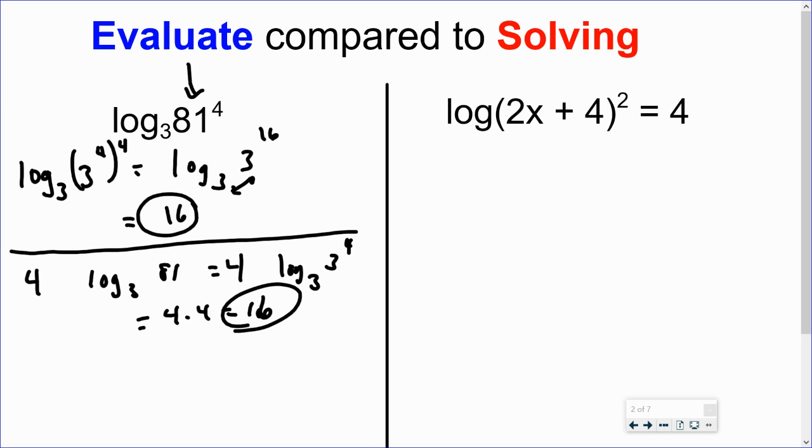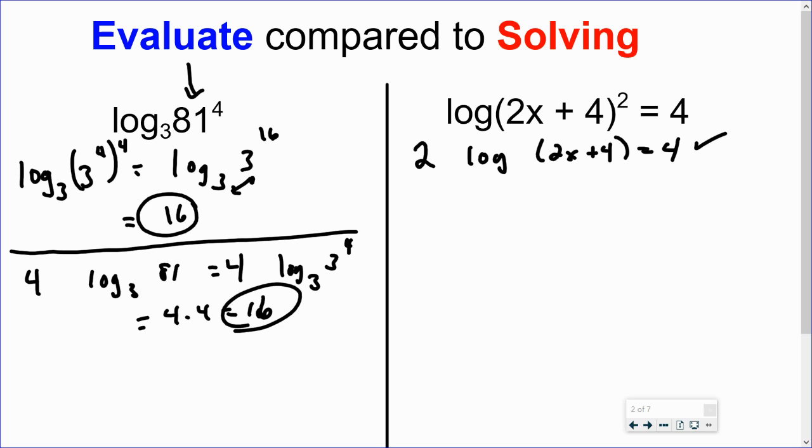Now this problem, in my opinion, when I first see this, I think I need to put the 2 out in front. Unfortunately, when I do this, it doesn't gain me anything. So I say, that's not it.